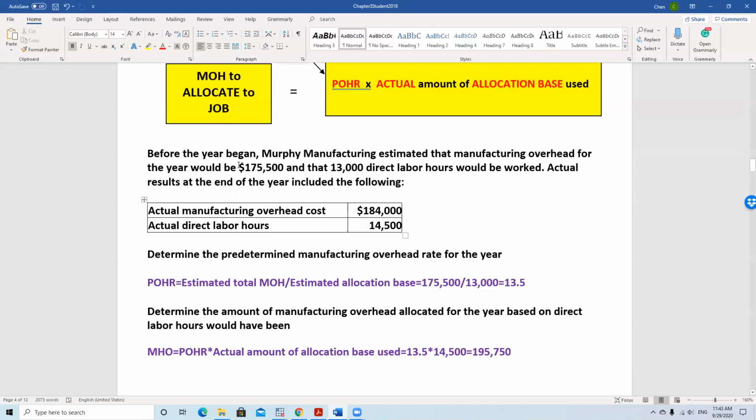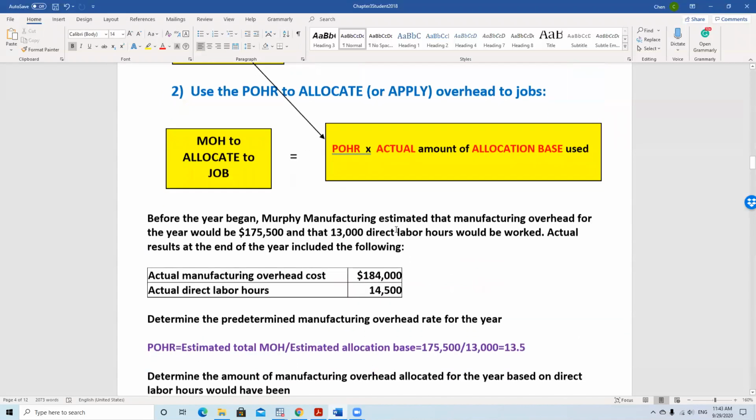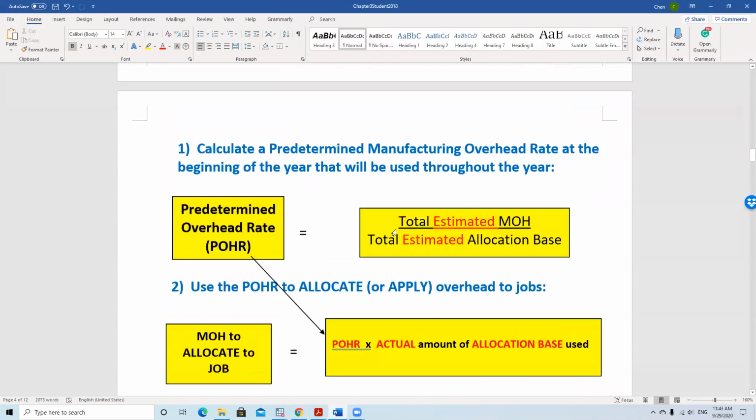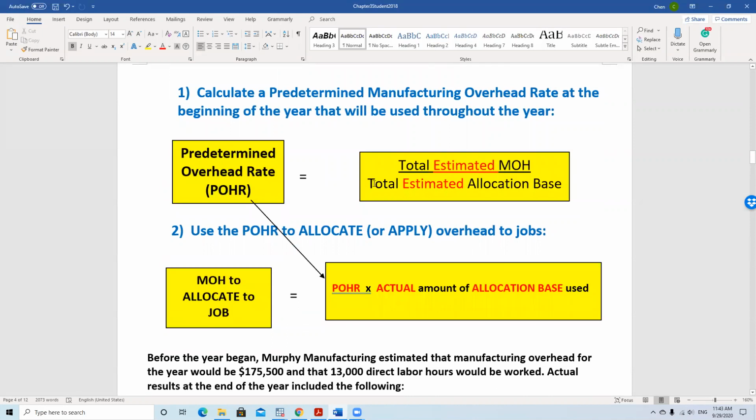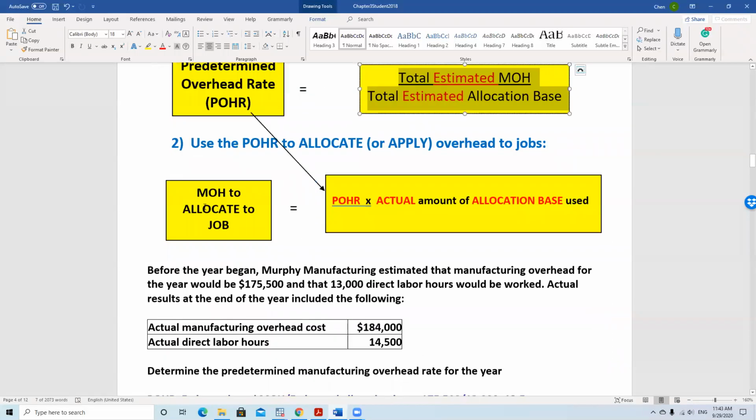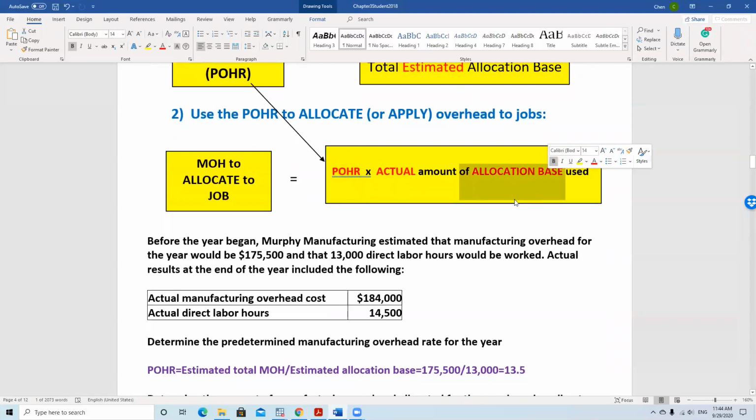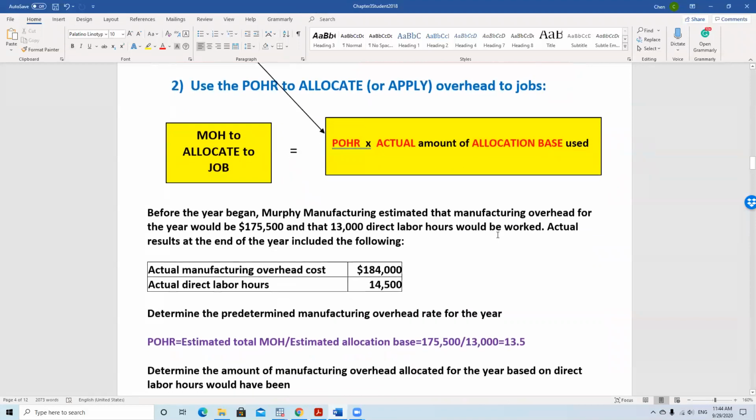So this is an example of how to do manufacturing overhead allocation. Again, I want to say that again. If you do a predetermined overhead rate, use the total estimated MOH and total estimated allocation base. And then as soon as you have the predetermined overhead rate, you need to multiply by the actual amount of allocation base used. What does that mean?